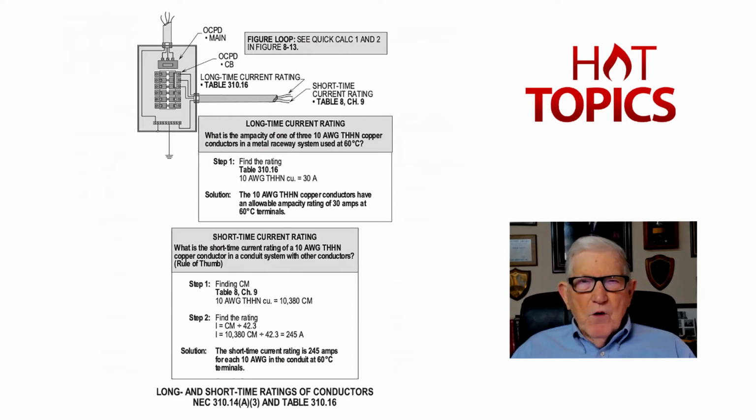So notice in the formula in step 2 in the boxed in information, we find the short time current rating of that conductor: you take that circular mill rating of 10,380, and if it's an insulated conductor, divide it by 42.3. If the conductor's uninsulated, divide by 30. So when you do the math, you can see that that number 10 would take 245 amps for 5 seconds and never damage the insulation.